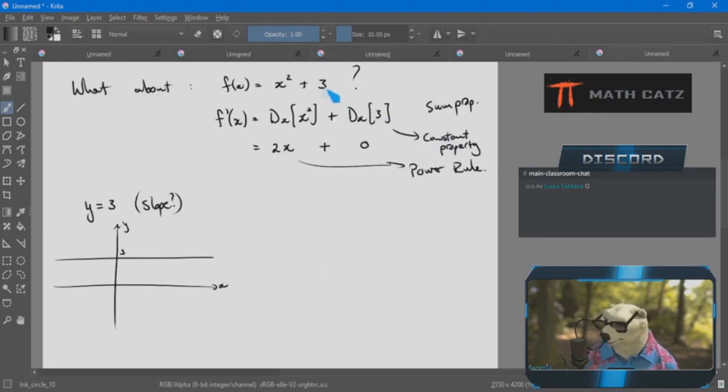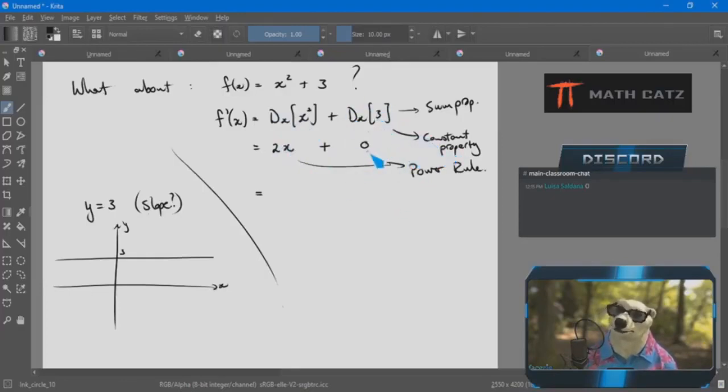All right, a lot of things happen here. All the properties come together to give me the answer. First, I had multiple terms, so the sum property was first. Then I could look at them in isolation. The first term was just the power of x, and the power rule handles that. The next term was a constant.